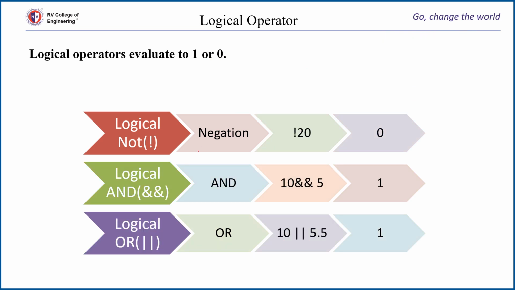Some more examples for negation. As discussed previously, any non-zero value is considered to be true. Not of true is 0 or false. 10 and 5 is nothing but true ANDed with true, so the answer is true. Again, true ORed with true, the answer is true.